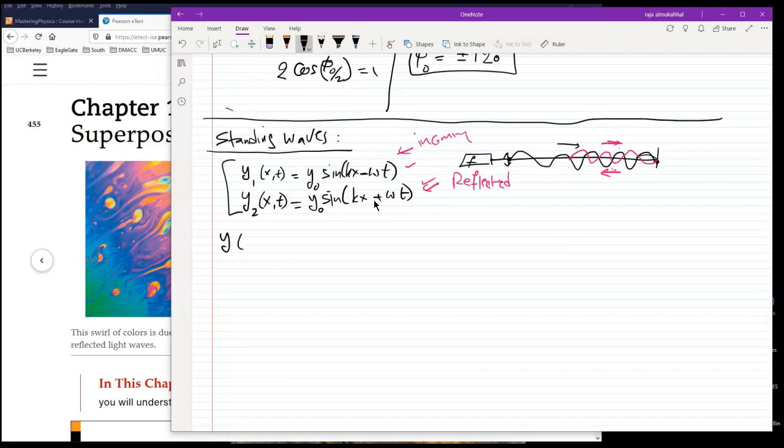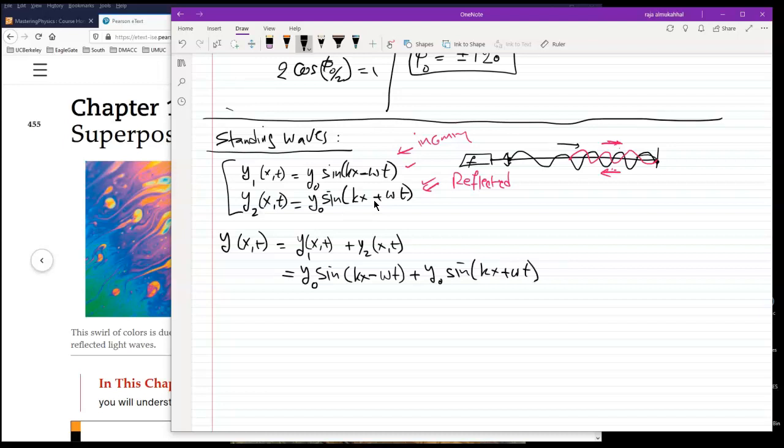So in this case, I'll have y of x,t, and let me just start on it, and then you can work out the details. So y1 of x,t plus y2 of x,t, combined together, is going to be y naught sine(kx minus omega t) plus y naught sine(kx plus omega t).